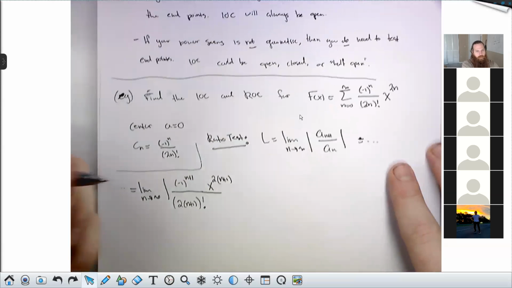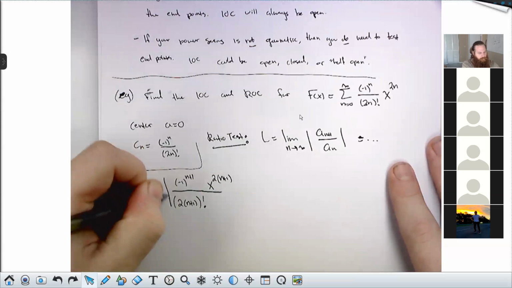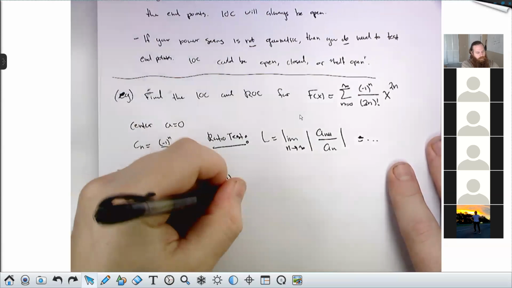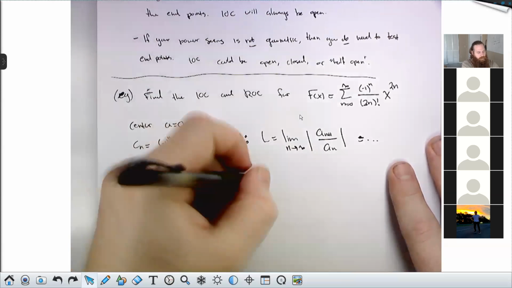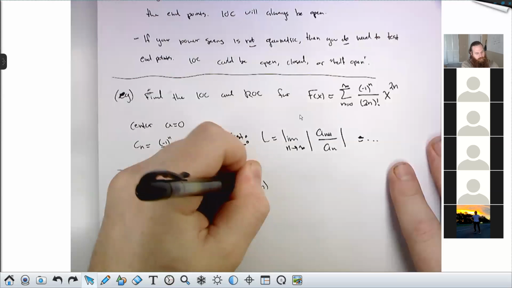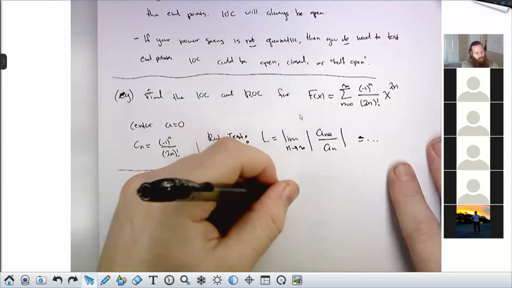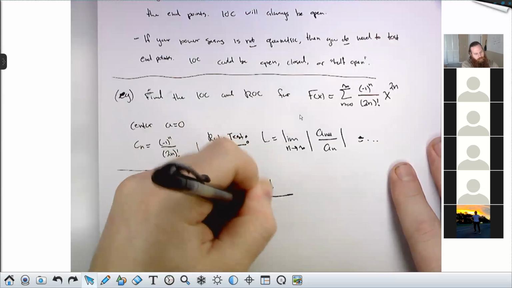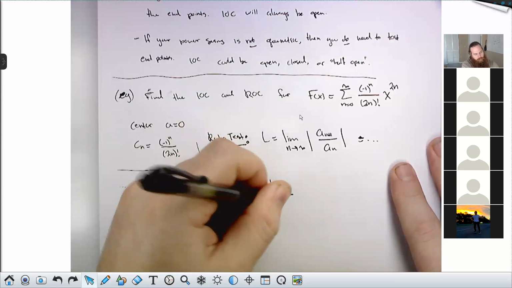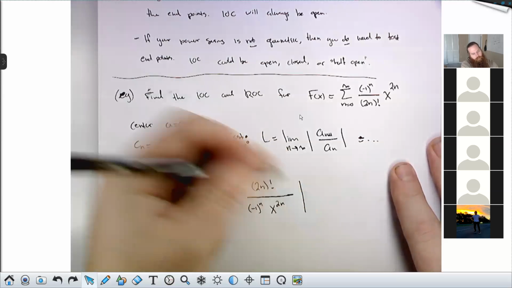So there's an plus 1. And now we're going to multiply by the reciprocal of an, which is 2n factorial over -1 to the n x to the 2n. Like this.